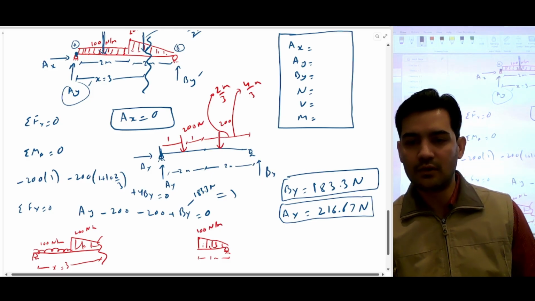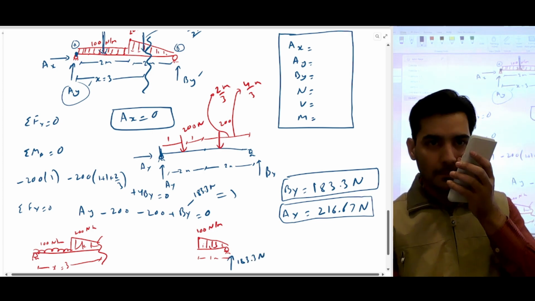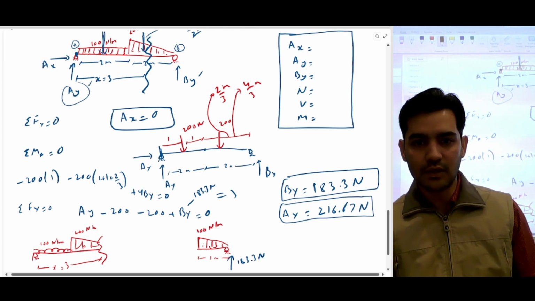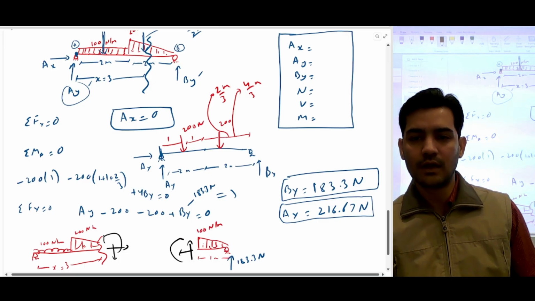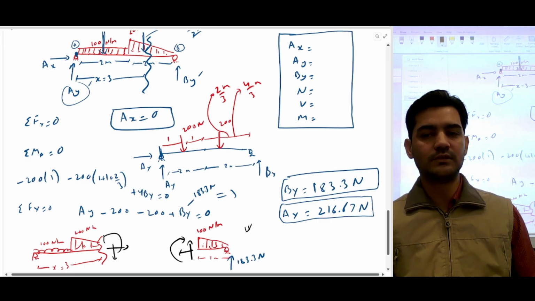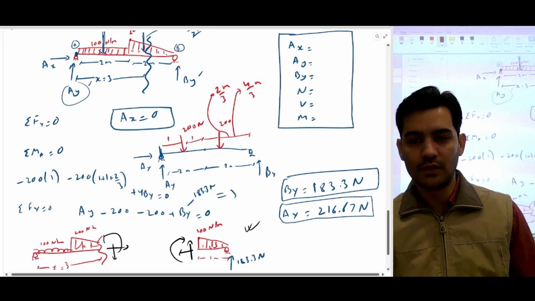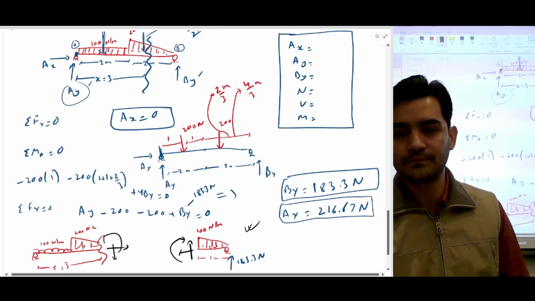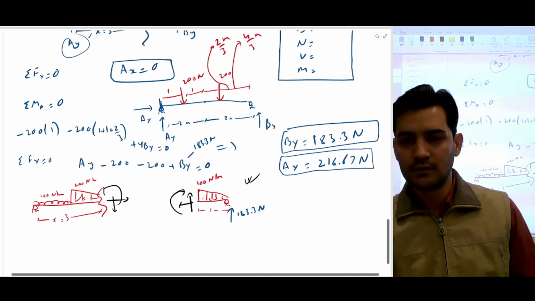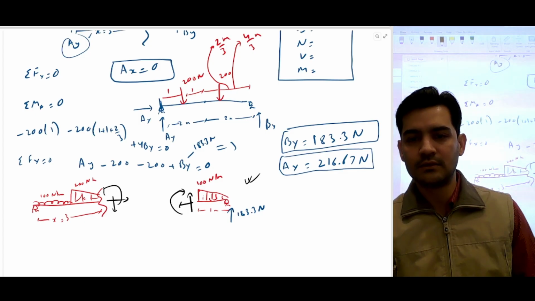And we have already calculated this force, which is 183.3 Newton. So you can either do calculation from here or from here. Either way is okay, but this looks easier, so we'll do the calculation from this side. So this is a normal force, shear force, bending moment.